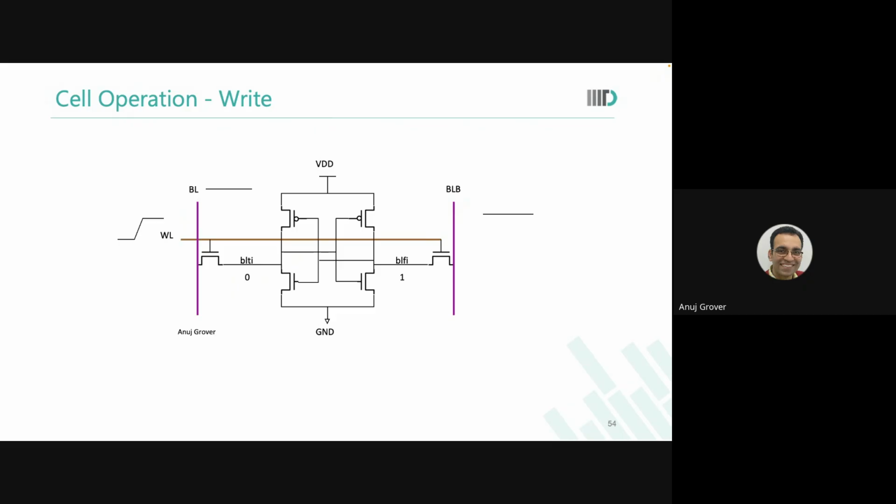If the same data was already written in the memory, I would not be able to show you the change. So I've put it like this. Otherwise, depending on what data you want to write, you will precondition one bit line to 0 and the other one to 1. Is this clear? Any questions?